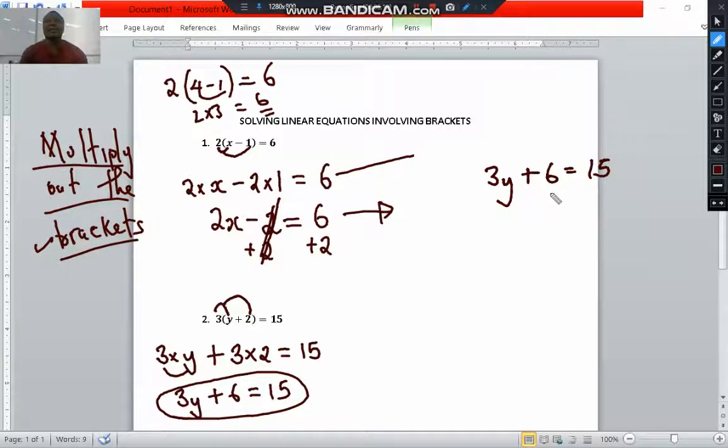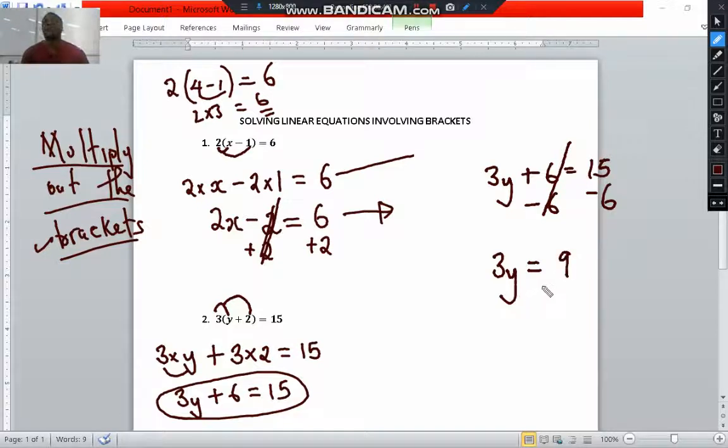So what we are going to do here is say minus 6 on both sides. I think this rule now is very much clear with you. This makes that 6 cancel out, leaving us with 3y = 15 - 6. 15 minus 6 should give us 9. All right?